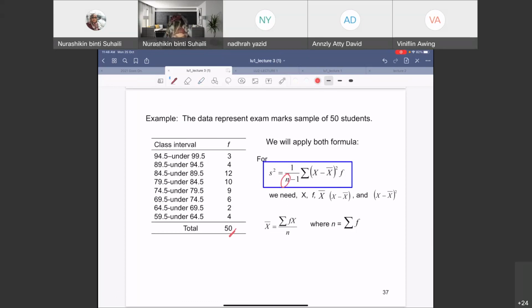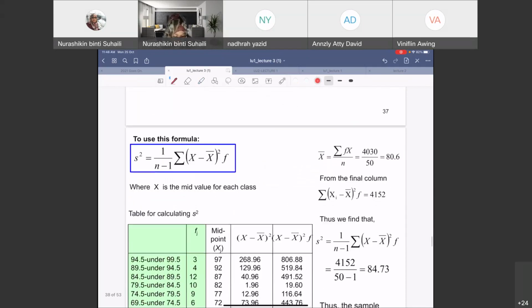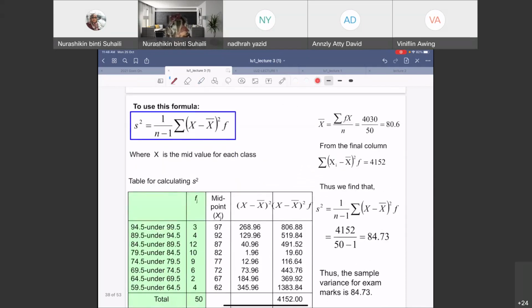And then for each of these, you have to refer to the mid-class point. For example, here, the midpoint. Remember, when you want to find the values for this one, you have to find the mid value, and that is the value that represents the x. So x bar, you have to find the x bar first, right?